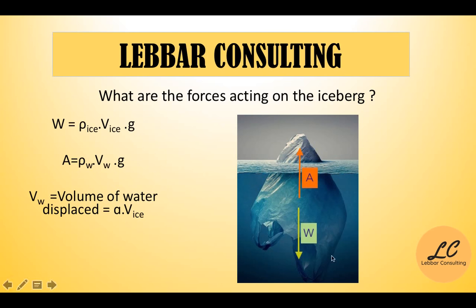So the weight of the body is just equal to the mass of the entire iceberg times the acceleration of gravity. The weight of the iceberg is just equal to rho of iceberg, the volumic mass of the iceberg, times the entire volume of the iceberg, which is here.